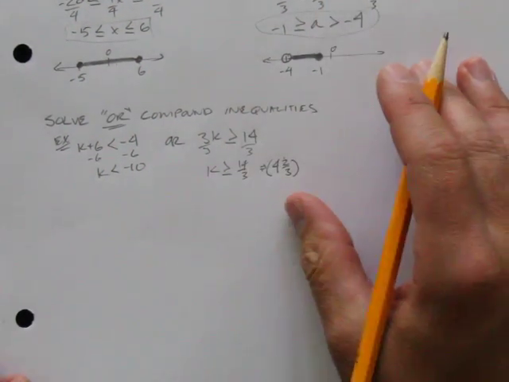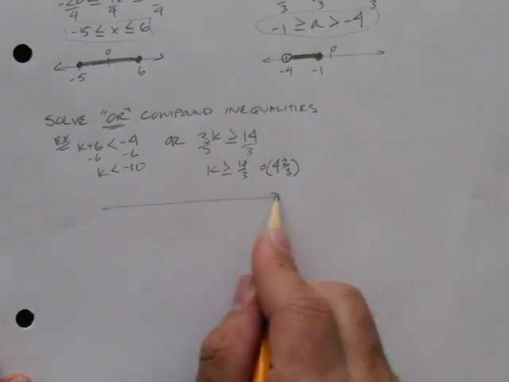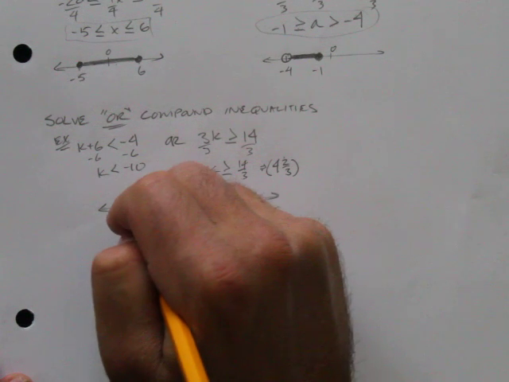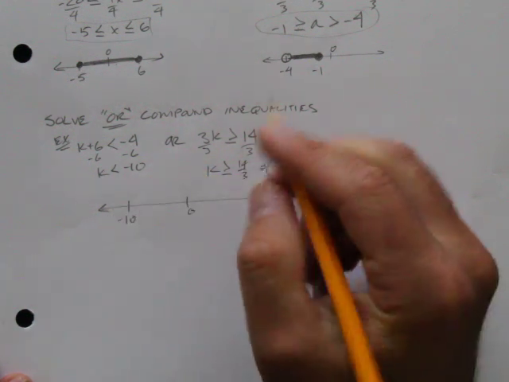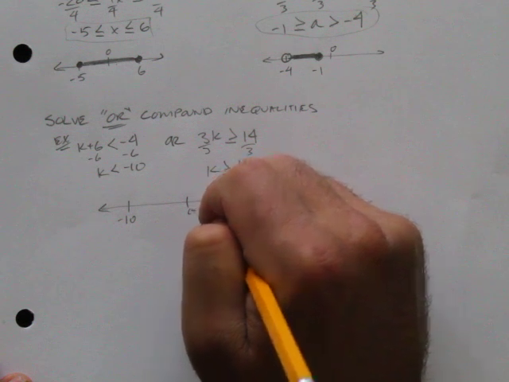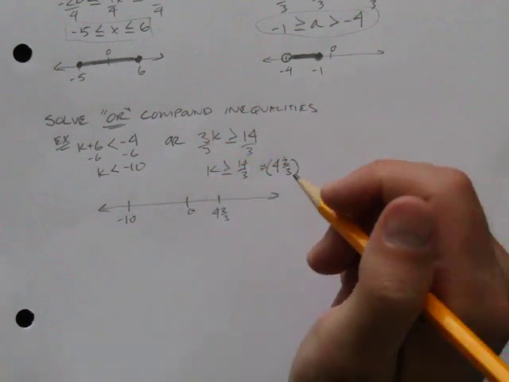Okay. Let's draw the number line. I'm going to put 0 right here. I'm going to put negative 10 down here. I'm going to put positive 4 2/3 right there.